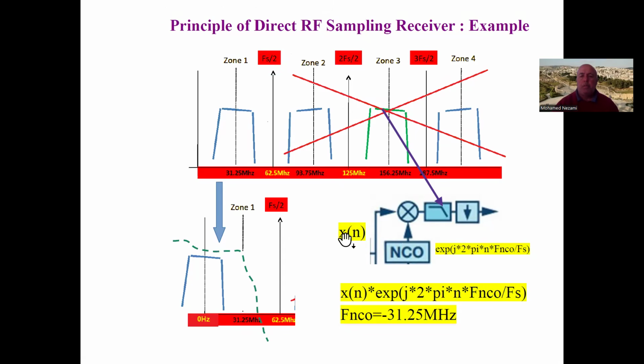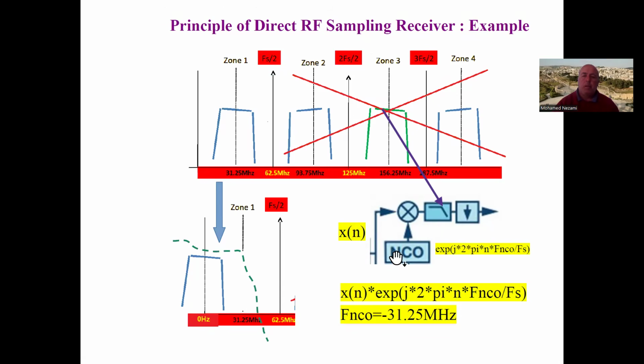You take the streaming digitized signal and you multiply it by this complex exponential sine wave, which is the NCO: e to the j 2 pi n times the numerical control oscillator frequency divided by the sample frequency.